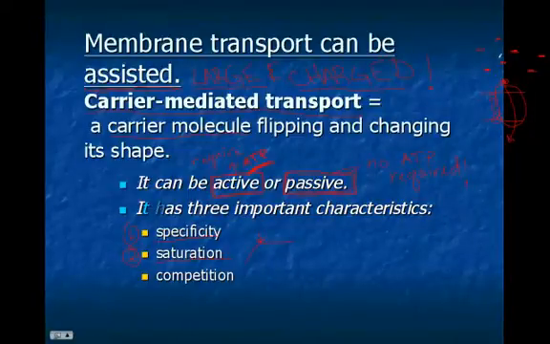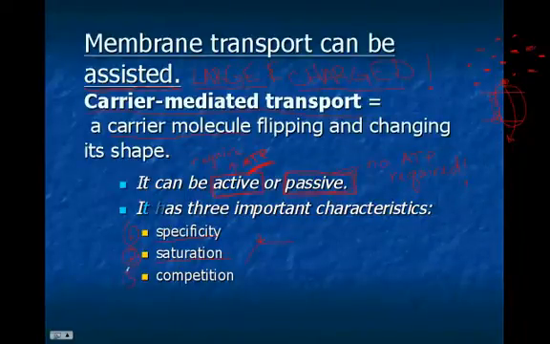So even if we add more glucose on this side, it's not going to matter. We're not going to get the glucose to transport across any faster because all of those protein transporters are full and passing glucose across the membrane.